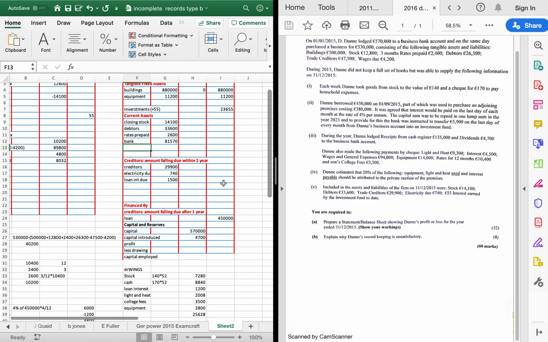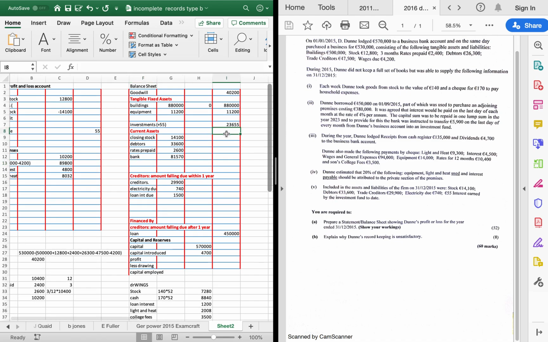Okay, so that's us finished. We have to finish it out and balance it as best we can. So we're going to add up all of our fixed assets, 955055. Add up our current assets.